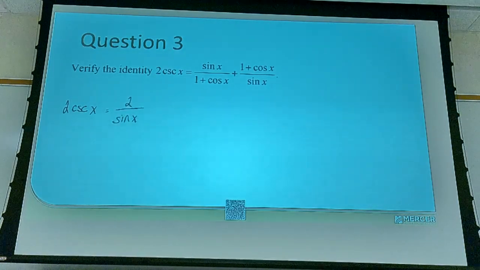First, just write that in terms of sine. Cosecant is 1 over sine. But look what you're after. You want a 1 plus cosine in the denominator.